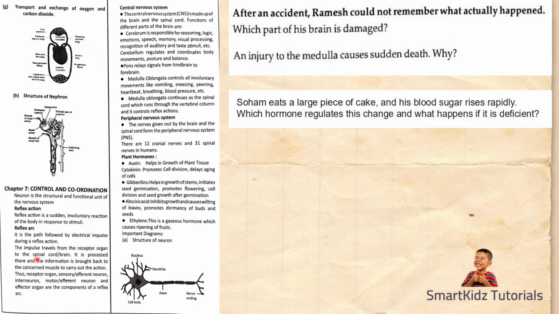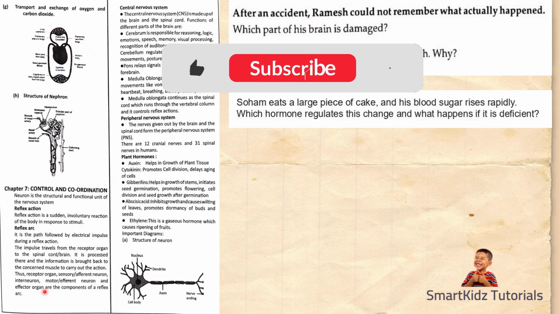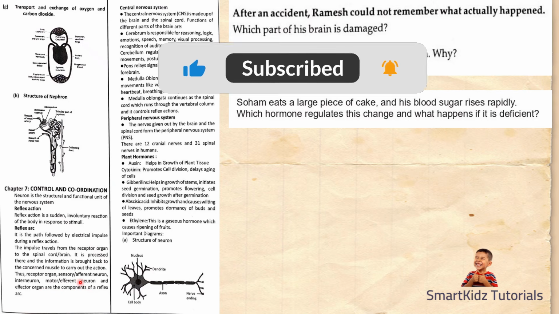The impulse travels from the receptor organ, that means whatever we are touching, to the spinal cord or brain. It is processed there and the information is brought back to the concerned muscle to carry out the action. Thus, receptor organ, sensory or afferent neuron, interneuron, motor neuron, and effector organ are the components of a reflex arc.